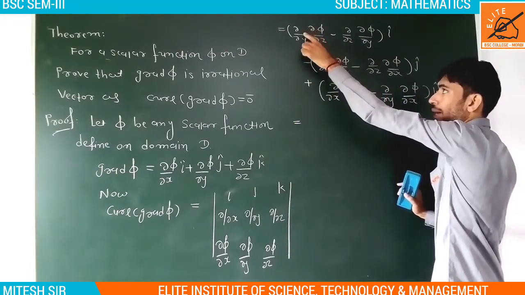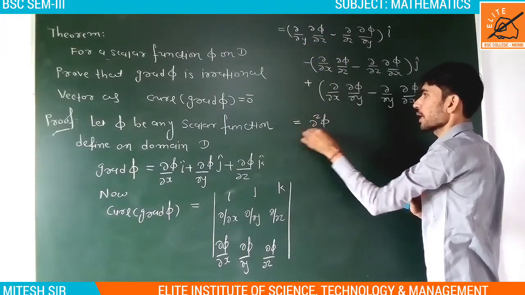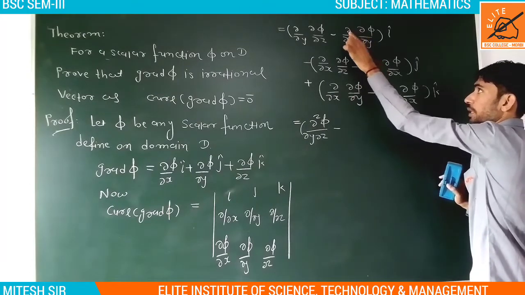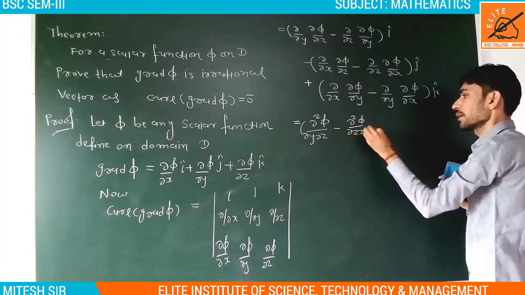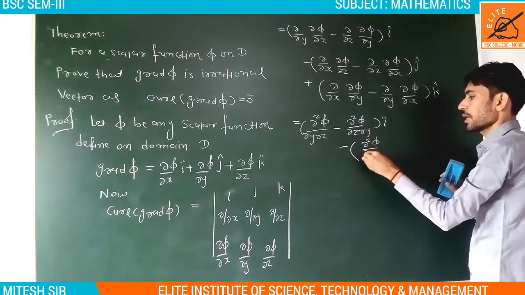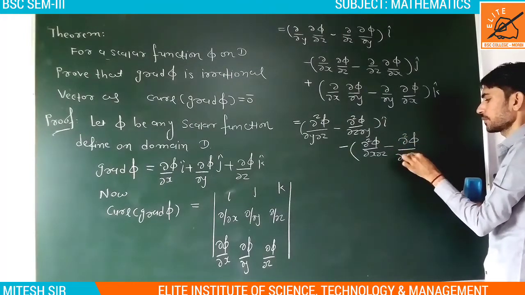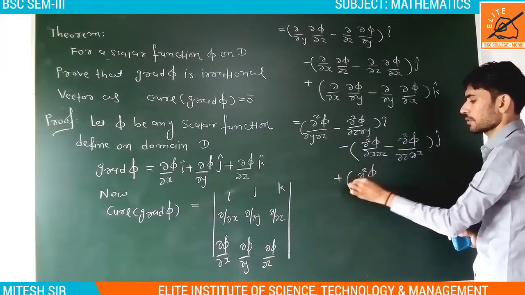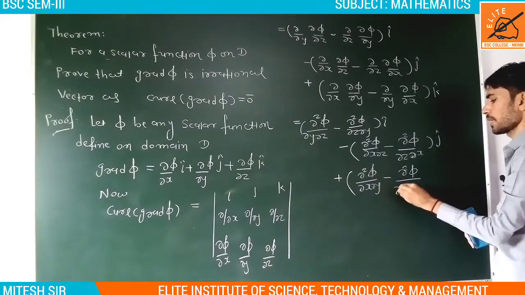Now we are doing the partial derivative of our function del phi by del z with respect to y. So we can write del square phi upon del y del z minus del upon del z into del phi by del y, which can be written as del square phi upon del z del y, i cap, minus del square phi by del x del z minus del square phi upon del z del x, j cap, plus del square phi by del x del y minus del square phi by del y del x.